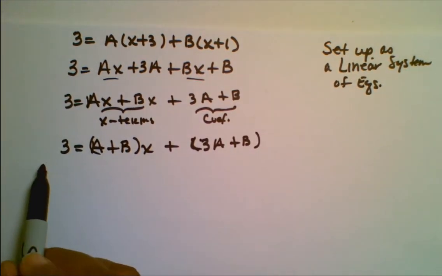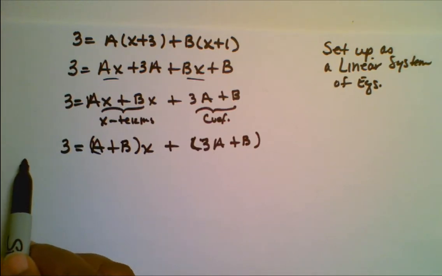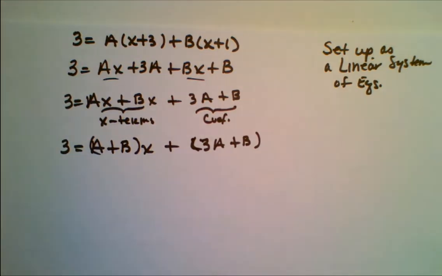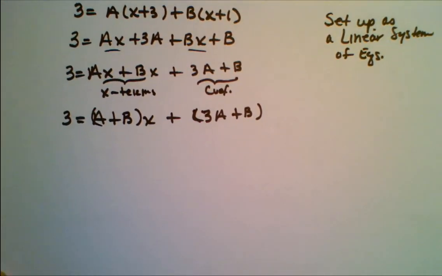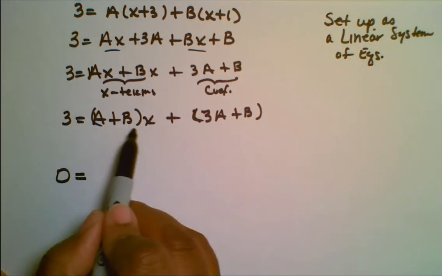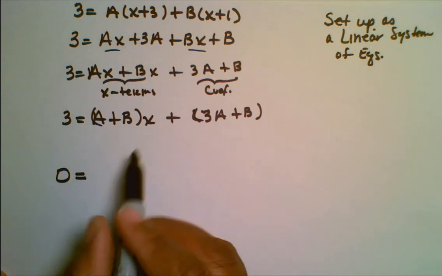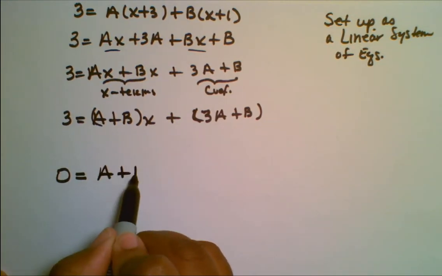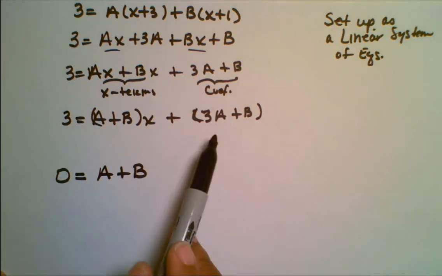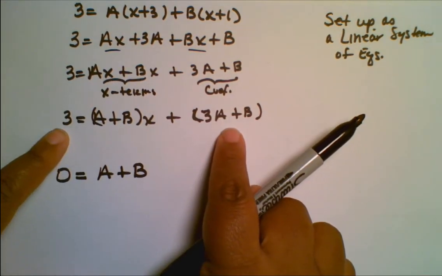Now on the left-hand side, do you see a coefficient of x? No, we don't. So because we don't have an x term, we would say 0 is equal to, and then let's write the coefficients of our x term, A plus B. But we do have the constant component.